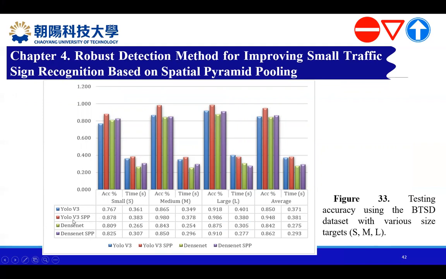As we can see here, YOLO-V3 SPP achieved the highest average accuracy compared to the other algorithms. In the small category, it also achieved the highest performance.